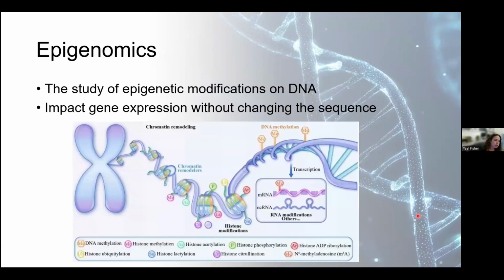Now, before going on to the rest of the talk, I would like to mention epigenomics. We're not going to talk much about epigenomics, but just to mention it, epigenomics is the study of epigenetic modifications on the DNA. These are a series of different changes that don't affect the DNA sequence, but may affect the expression.